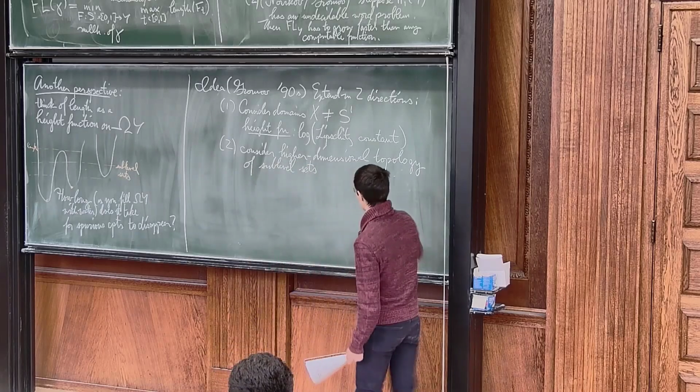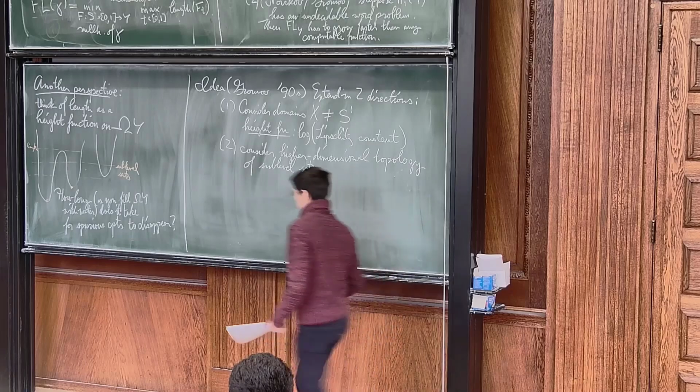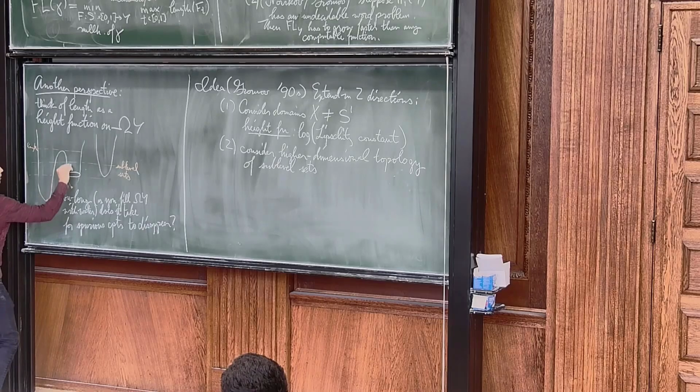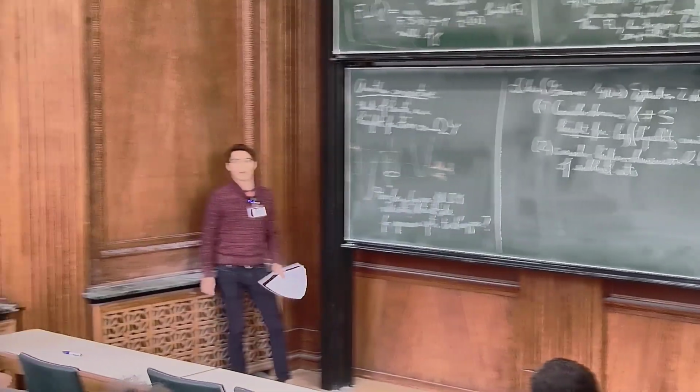So maybe somewhere over here I have a one cycle, and then it actually has a contraction, and then you would ask how high do you need to go in order to find that contraction?